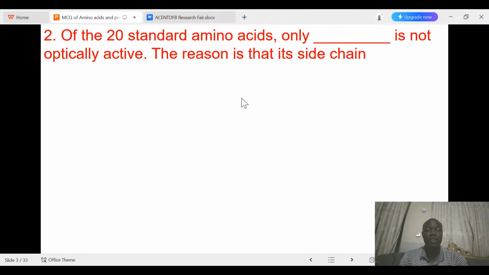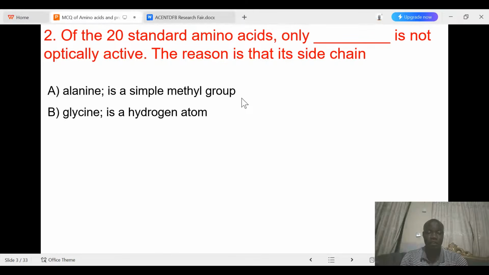Of the 20 standard amino acids, only dash dash dash is not optically active. The reason is that its side chain is: A, alanine, a simple methyl group.